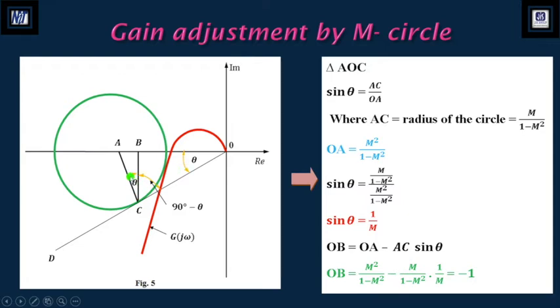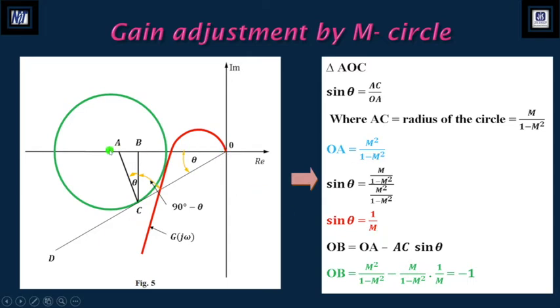These two are equal, where AC is considered the radius of the circle. We know that this formula is m by 1 minus m square. So draw a circle. OA is the center from this origin. So this OA equal to m square by 1 minus m square. So sin theta is AC by OA. So write this equation. Then sin theta equal to, we get, 1 by m.